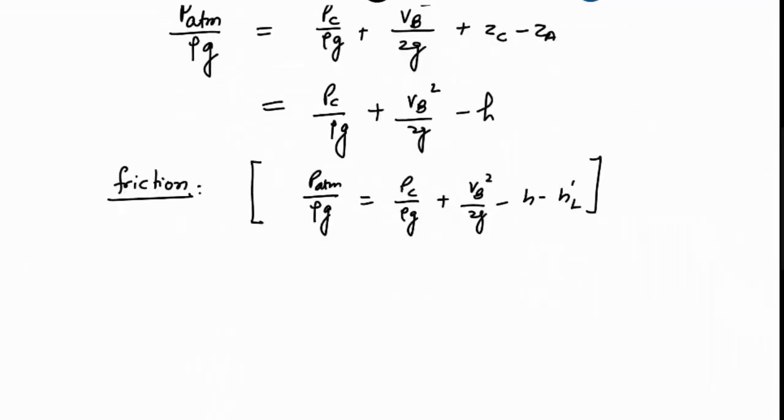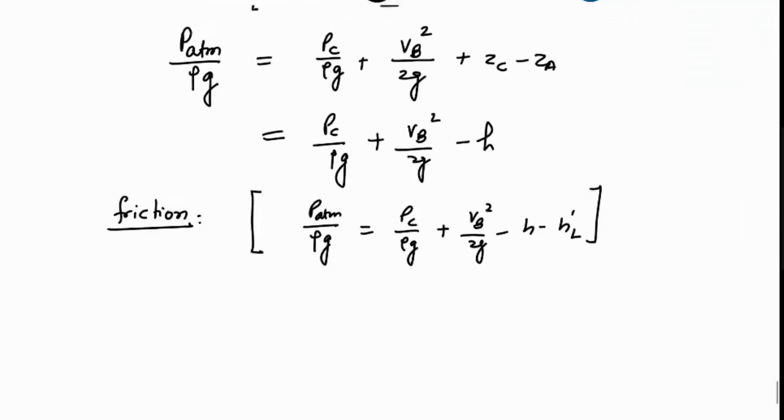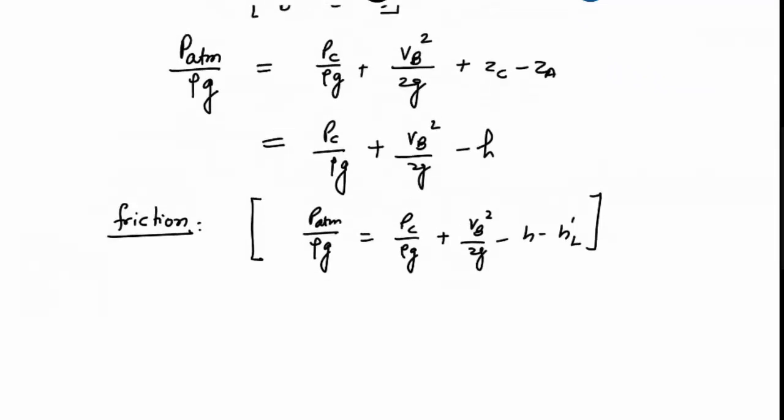So once again, you can see if you have friction, then you can write this. So the pressure at C, I can write this equation. I think this expression was PC by rho g, and this is P atmospheric. You have to correct me if I am writing something wrong. Like this will be the expression.